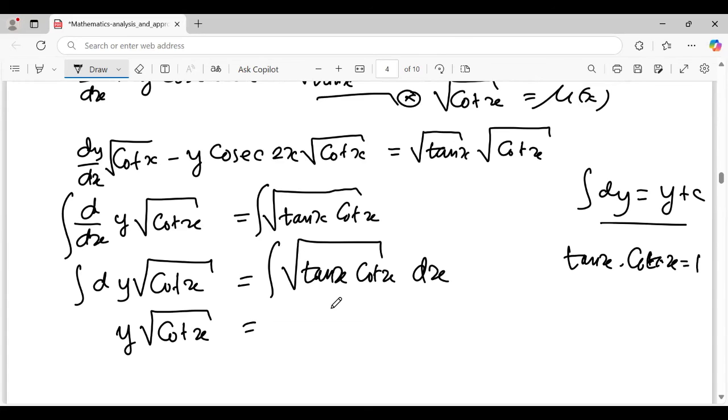It is 1. So this is the integral of 1 dx, and it becomes y square root cotangent x equals x plus c.